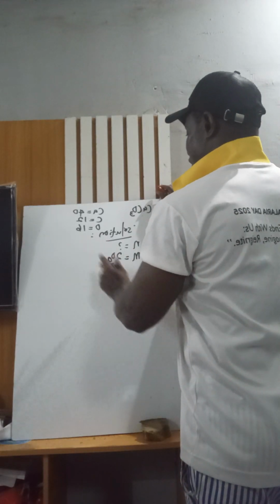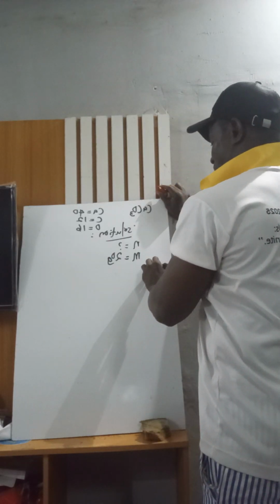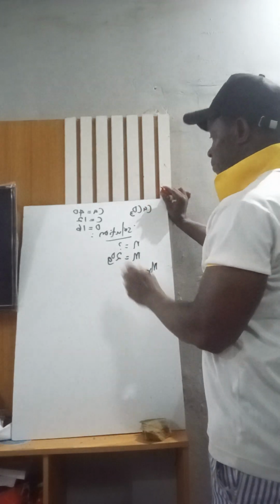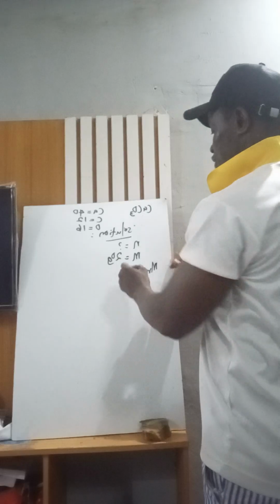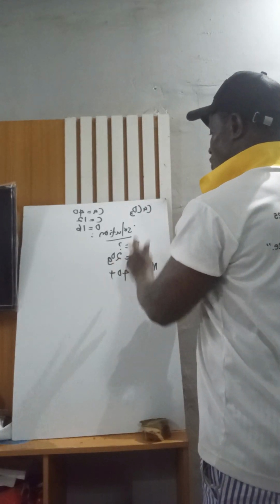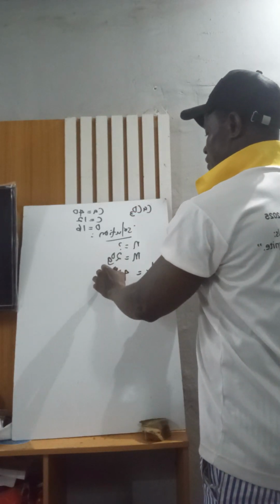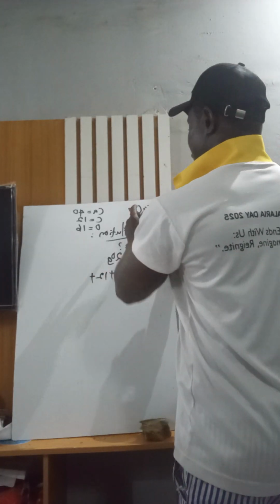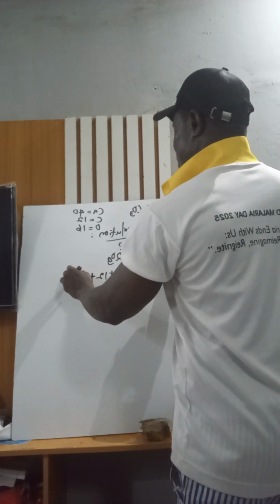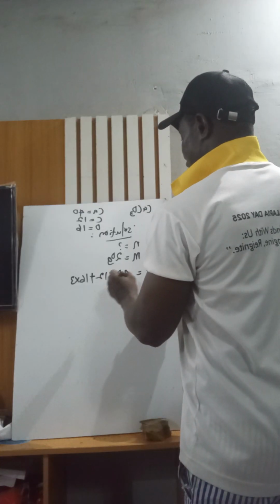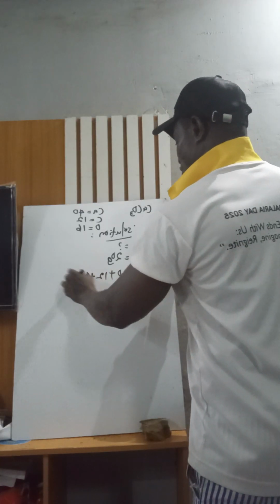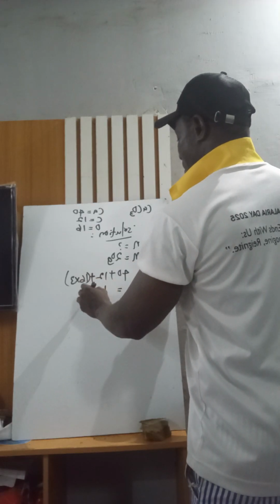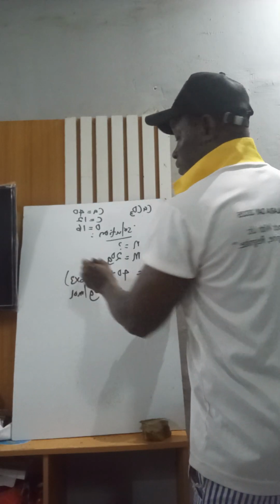So how do I get the molar mass of this compound? Very simple. Molar mass of calcium trioxocarbonate 4 will give us 40 plus carbon, which is 12, plus 16 times 3. Everything should give us 100 grams per mole. Please confirm.